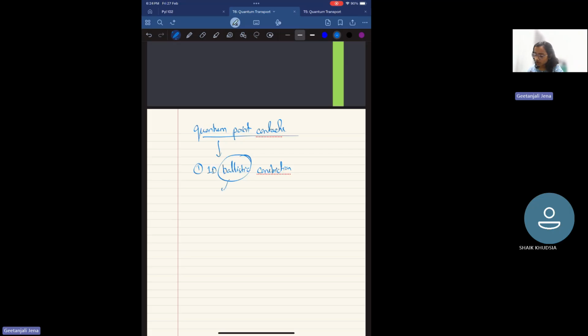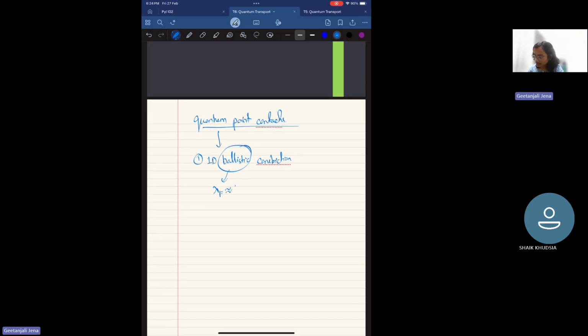If we recall, for ballistic we need the Fermi wavelength λ_F to be on the order of the device length, and this should be much less than the mean free path of elastic collision and the phase coherence length. This is for the quantum ballistic regime, which we have already seen in week 1. This should be the condition.